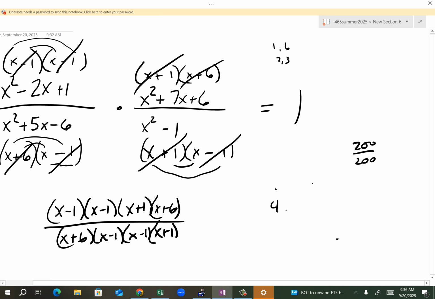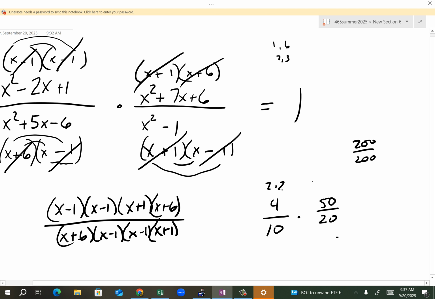Let's say I did this. It was 4 over 50 times, no, not over 50. 4 over, what goes into 200? 4 over 10, there you go, times 50 over 20. It doesn't matter, that would work. They're both fractions. This is 2 times 2. This is 2 times 5 times 5. This is 2 times 5. This is 2 times 2 times 5, which is factoring it out, just like we did over here.